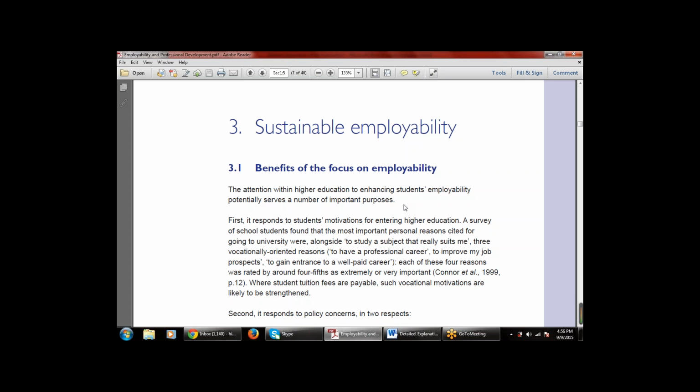Or to gain entrance to a well-paid career, that is, we can make our career a well-paid one. Each of these four reasons was rated by around four-fifths as extremely or very important. Where institutional or student tuition fees are payable, such vocational motivations are likely to be strengthened.